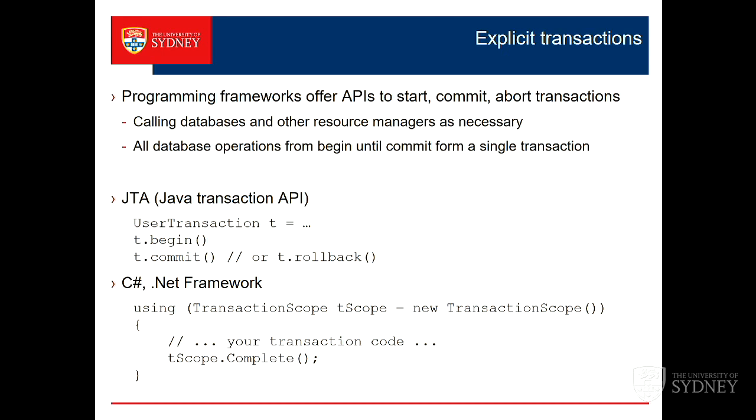We declare a transaction object, and we do a t.begin call to start a transaction. We do some stuff, and then we say, okay, I'm finished now, commit it. Or, whoops, something went horribly wrong, I want to forget about it, roll it back. So in the Java world, it's got a transaction API, and they're the calls on it.